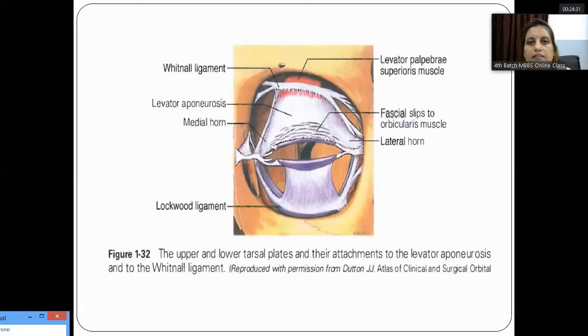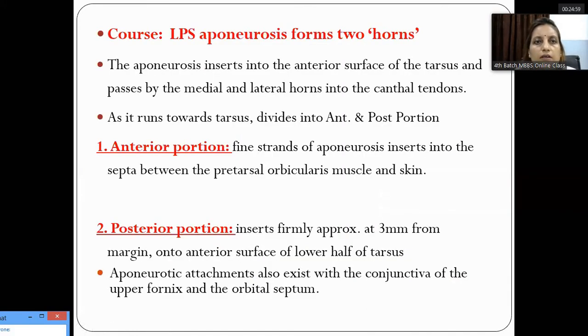You can see in this picture the levator muscle and Whitnall's ligament with the condensations of tissue, and the levator aponeurosis part. This is the medial horn, lateral horn, and it has five different sites of insertion.